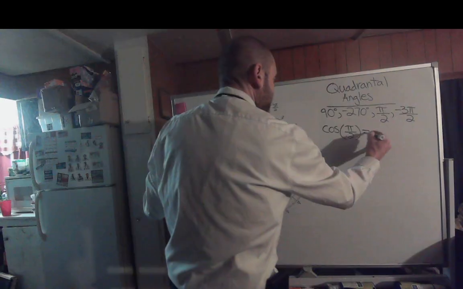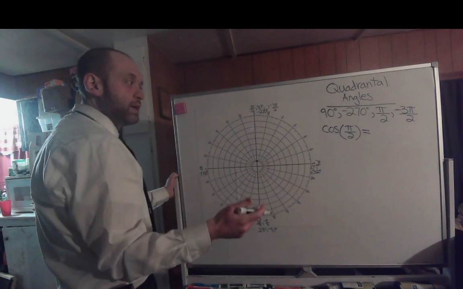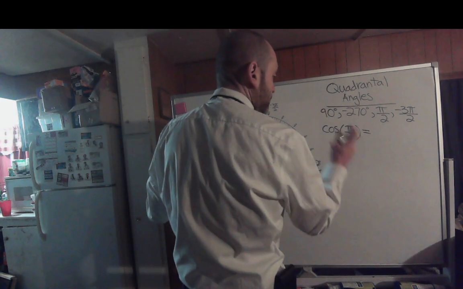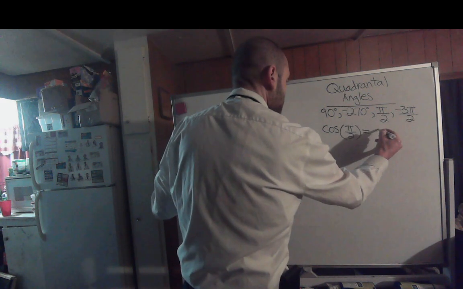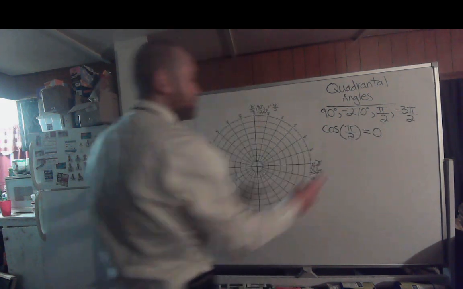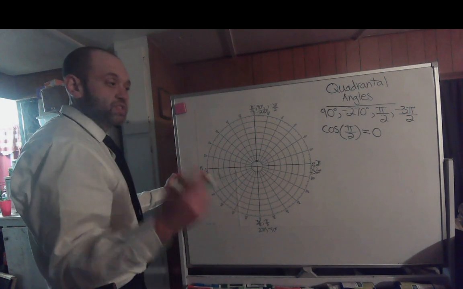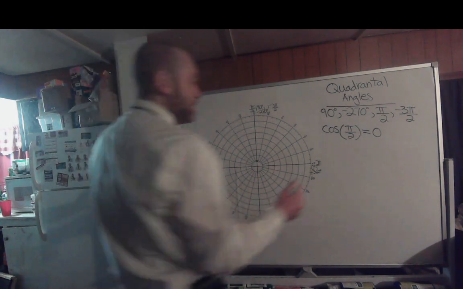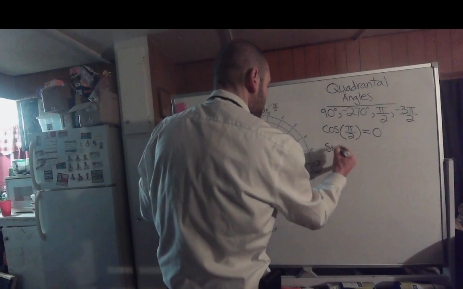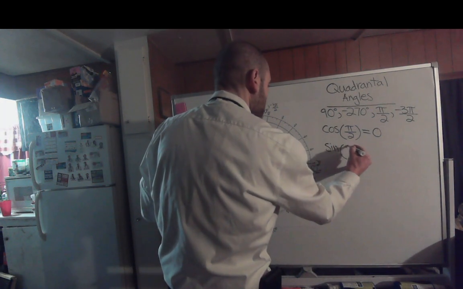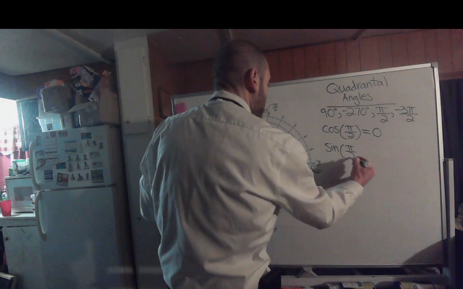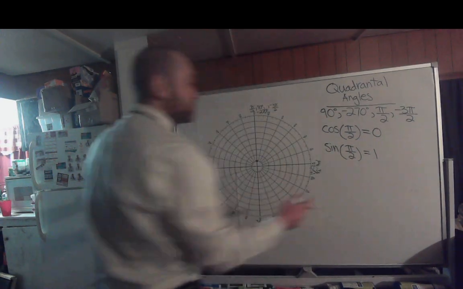So if you have a coordinate of 0, 1, that means your x-coordinate is 0, so the value of the cosine of pi over 2 is 0. And then if you want to find the sine of pi over 2, well, your y-coordinate's 1, so that means the sine of pi over 2 is 1.